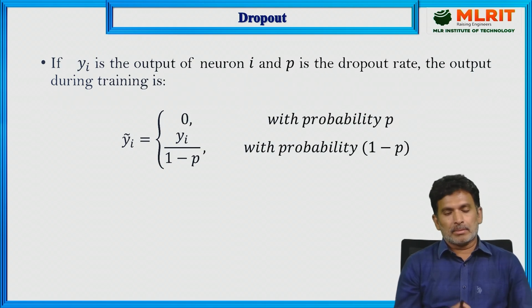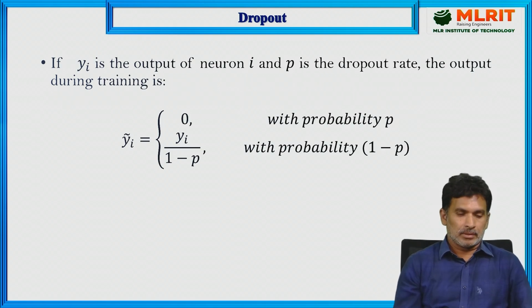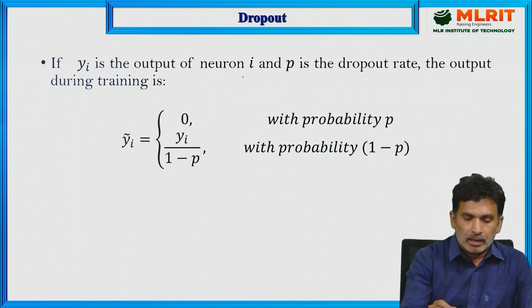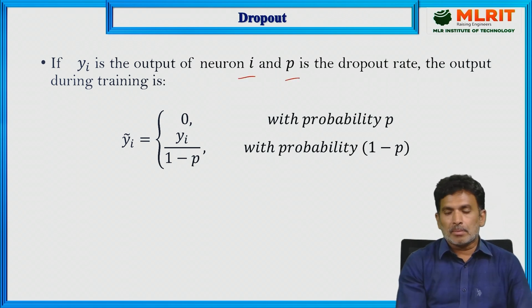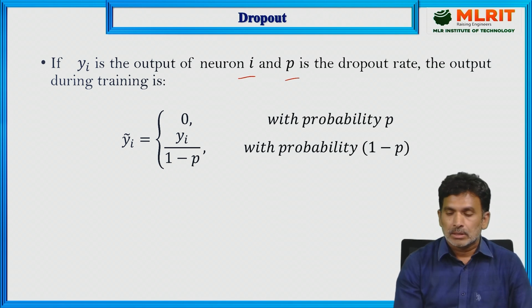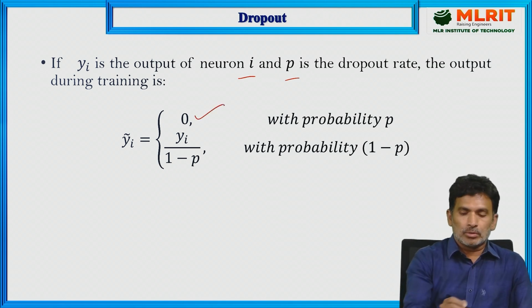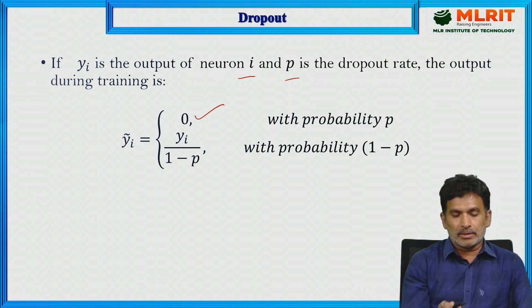And if you look at the mathematical part of this dropout mechanism, if yi is the output of the neuron i and p is the dropout rate, then the output during the training is 0 with the probability p, and yi over 1 minus p with the probability 1 minus p.